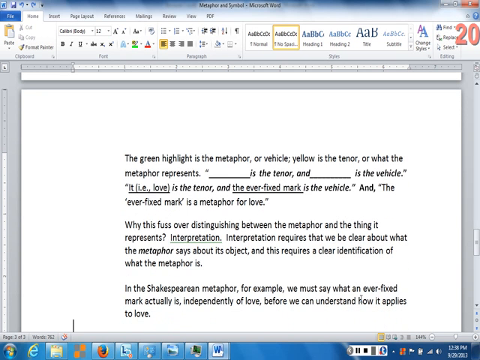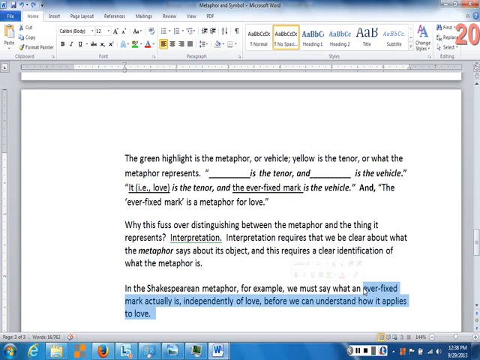So in the Shakespearean metaphor, for example, the first one there, the ever-fixed mark, we have to say what an ever-fixed mark is by itself, okay? What is an ever-fixed mark? Let's just focus on that.